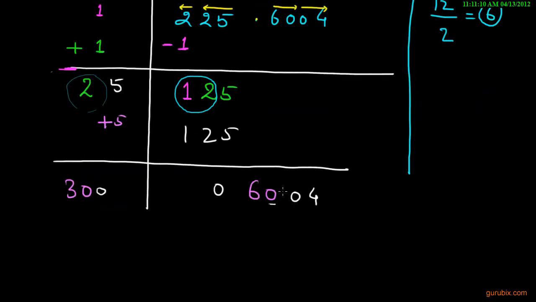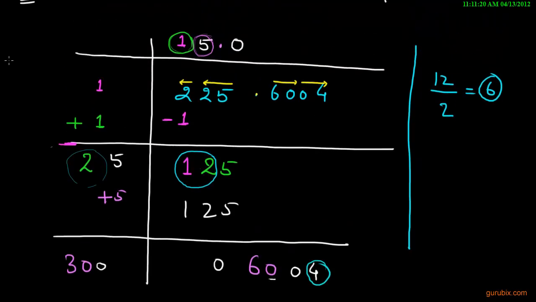Now we shall keep this 4 away and take the number 600 and divide by 300, we get 2. So we shall write 2 here and 2 here.